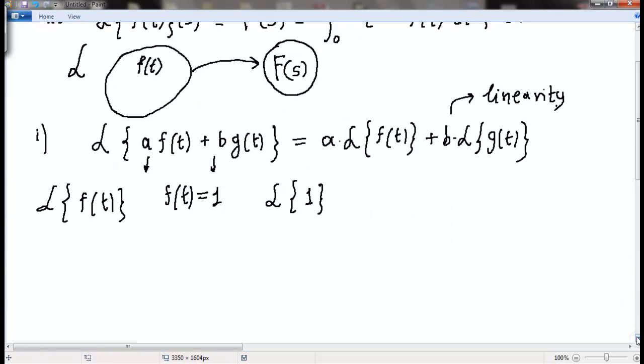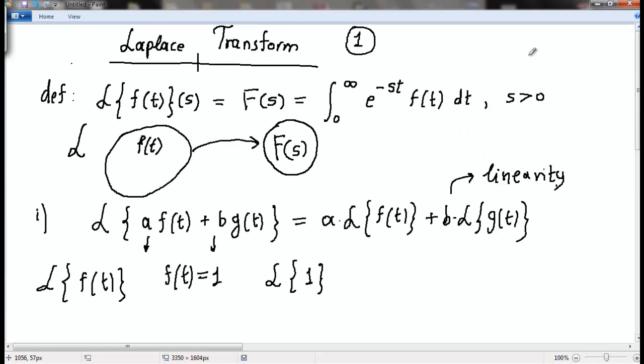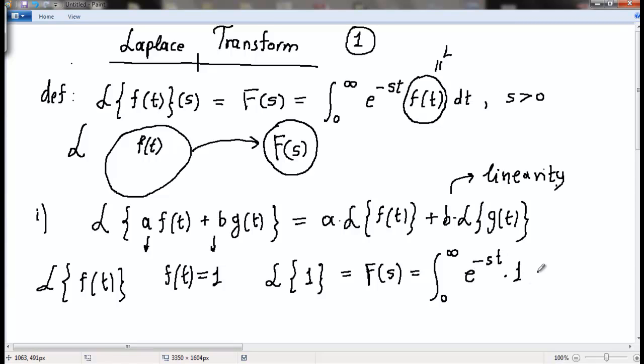Well, we remember we have the definition here, so in the place of f of t I have to substitute 1. So the Laplace transform of 1 is capital F of s, and this is the integral from 0 to infinity of e to the minus st times 1 dt, where I suppose that s is a positive number.